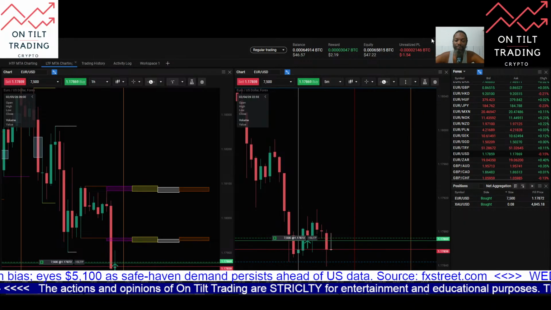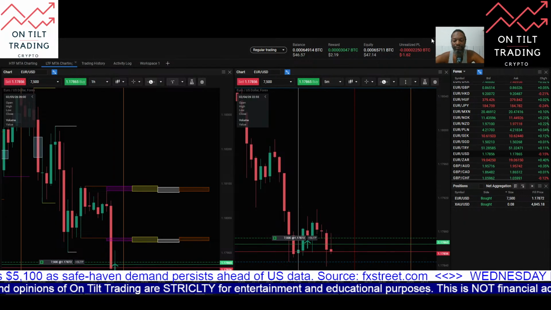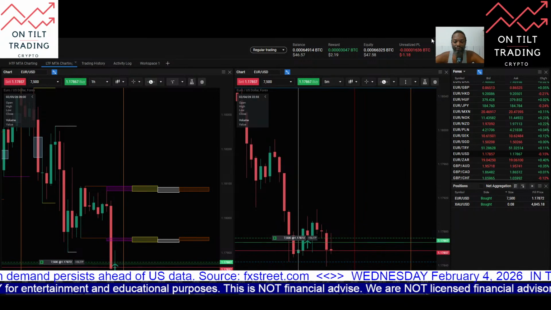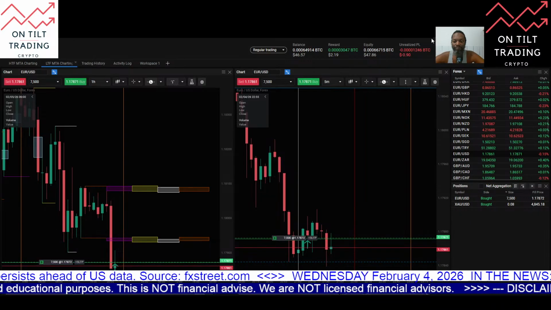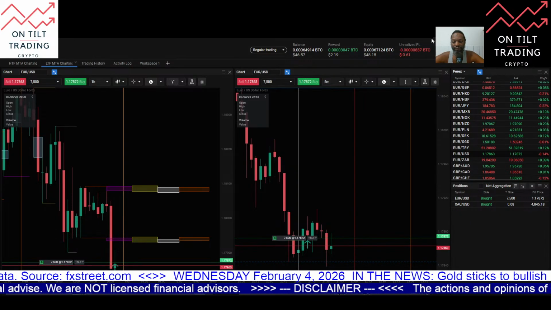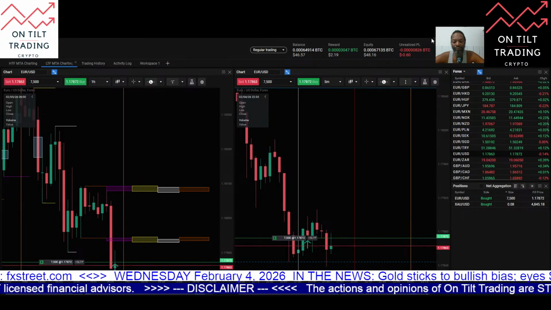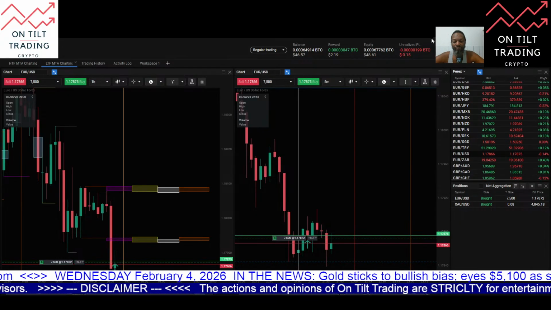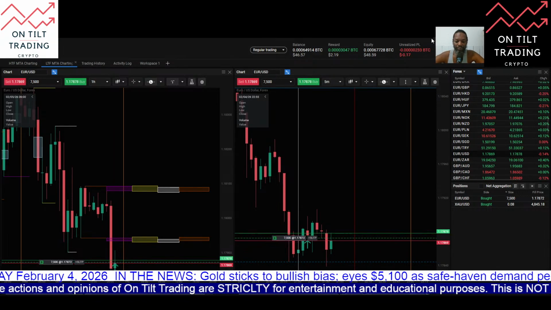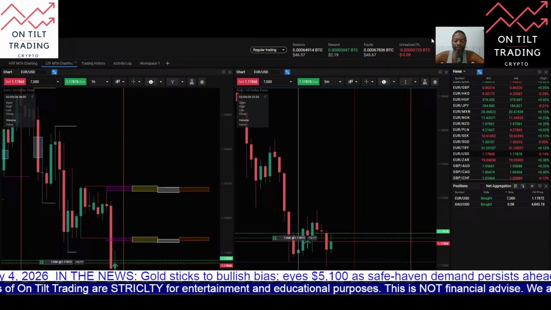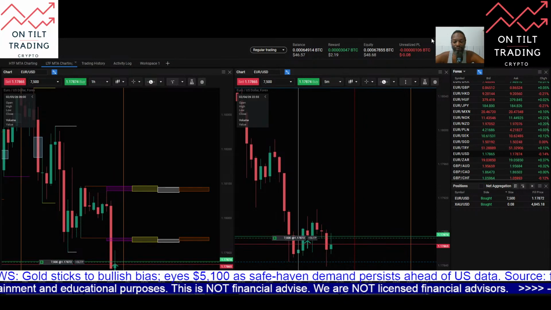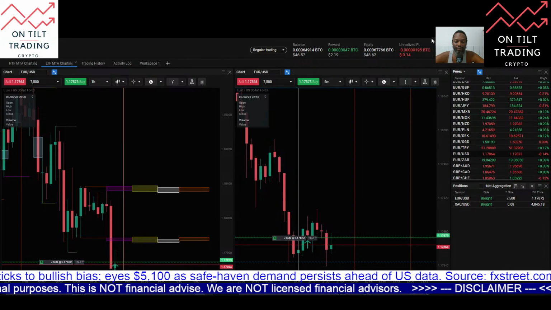178.60. Seeing a return to sell side here. Spread is moving around a bit, so some volatility here, as I mentioned before in this Asian session. Price consolidating.